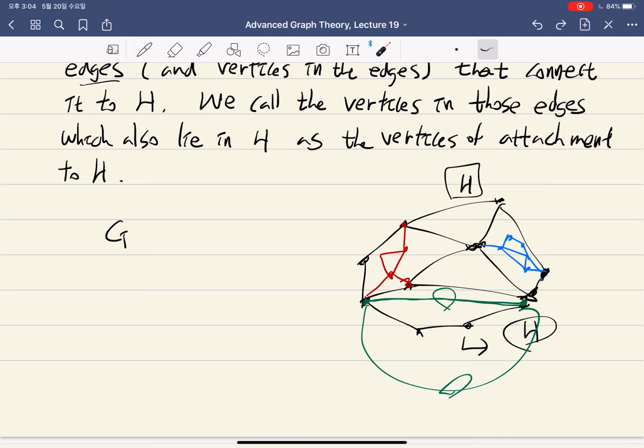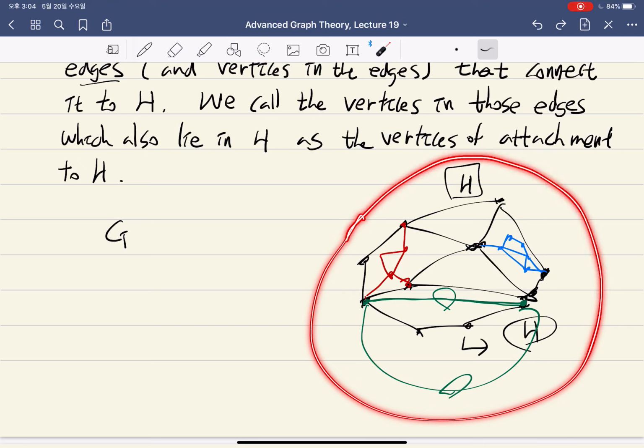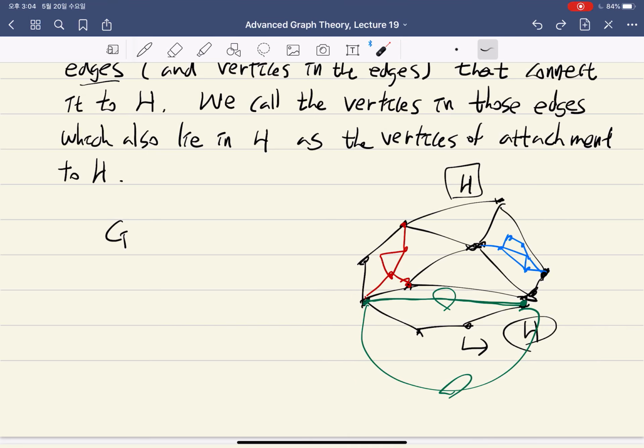So in order to avoid the situation that we cannot embed anymore without modifying the previous choices, these fragments are always fragments of a certain cycle.